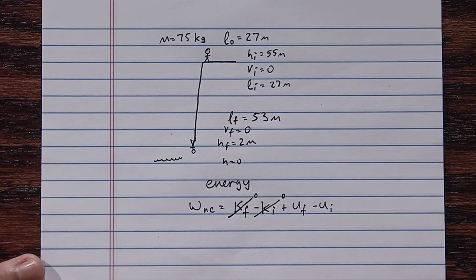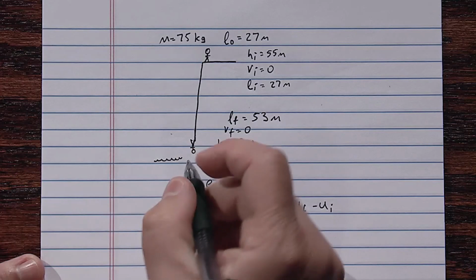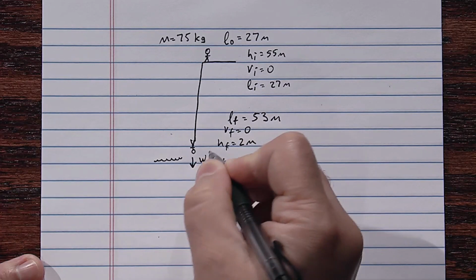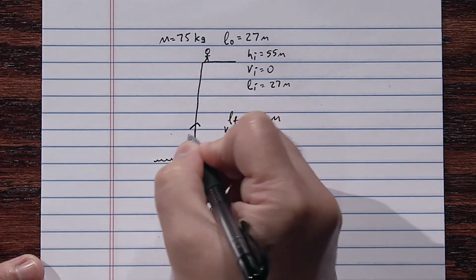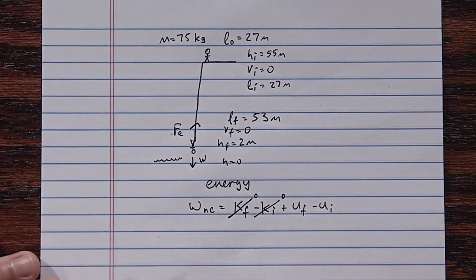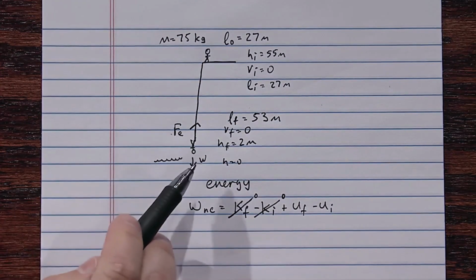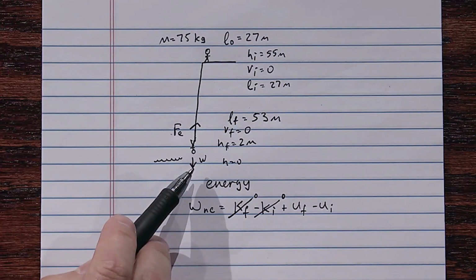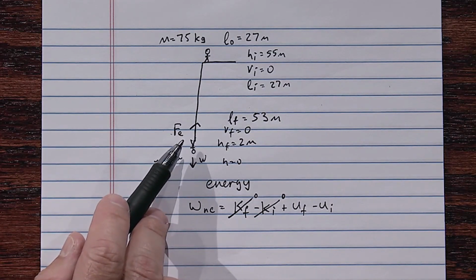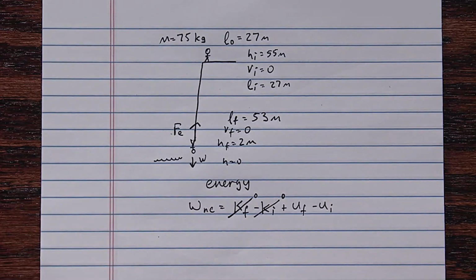Work done by non-conservative forces. Let's think about the forces on George. The forces on George are the weight and the elastic force, Fe, from the bungee cord. Weight is a conservative force, as it's always been. We have a potential energy associated with weight. We also have a potential energy associated with the force of the bungee cord, our elastic potential energy.